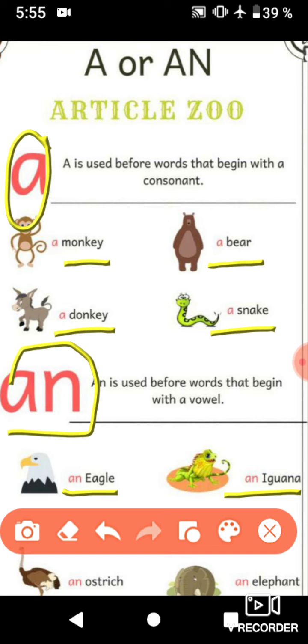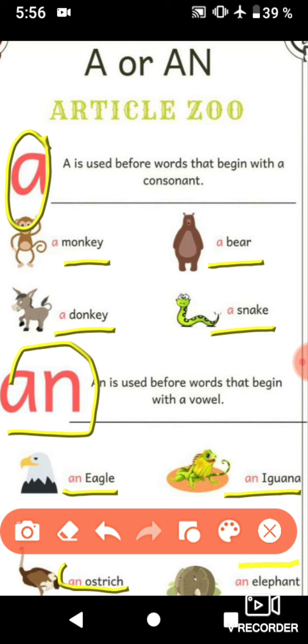Then we are going to talk about the other one, that is an ostrich. We are paying attention to the word ostrich. It is an O sound, right? So yes, an O sound is a vowel sound. That is correct. So we are using an ostrich, and that's perfect.